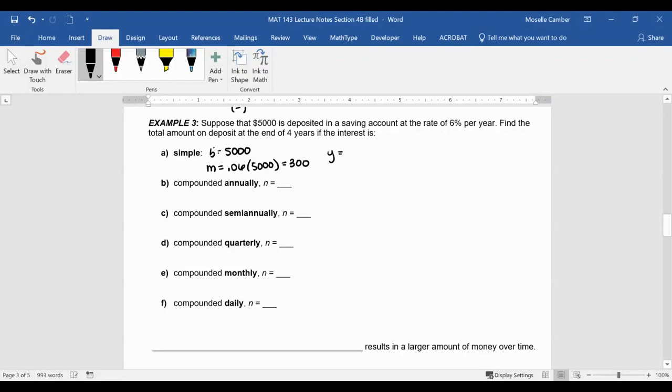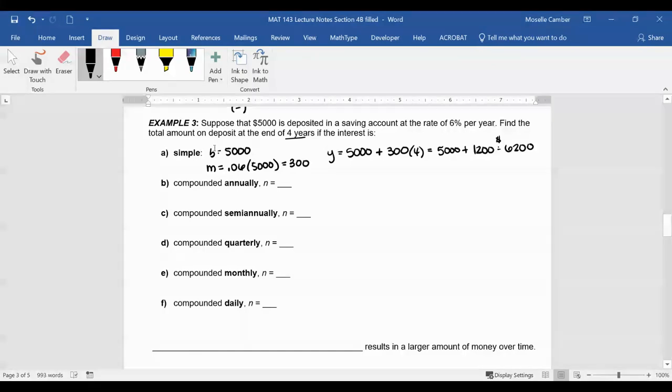So my account at the end of the year is going to have 5,000 plus 300 for each year, and they want to do it for 4 years. So we have 5,000 plus 1,200 to give us 6,200. So in a simple account, I would have 6,200 at the end of 4 years.